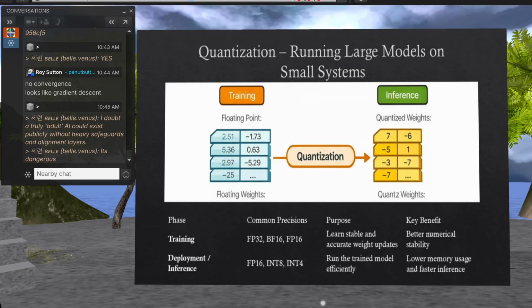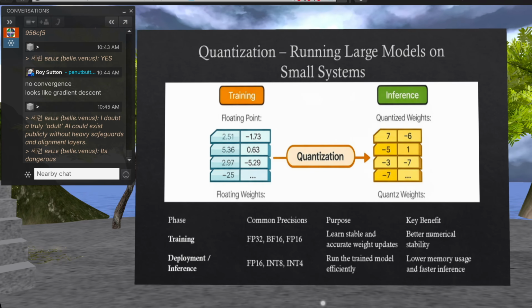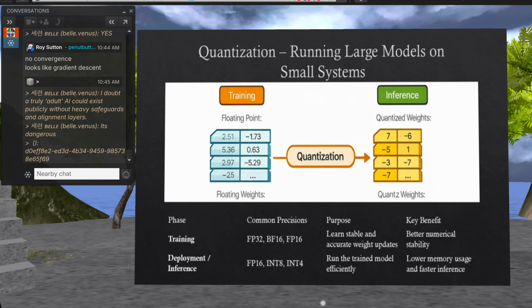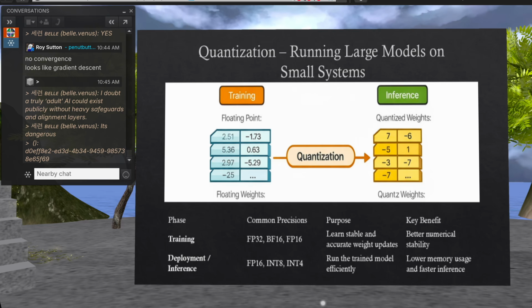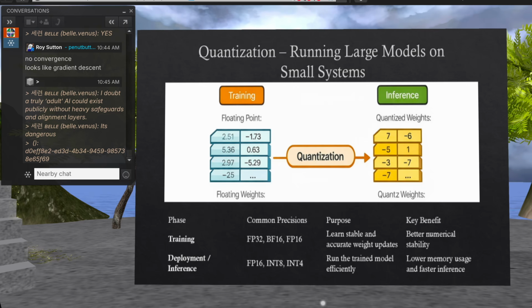And just by doing that, the amount of memory that these numbers consume on your computer, on your VRAM, your GPU, is reduced quite heavily. Because of that, you're capable of running it on your laptop.